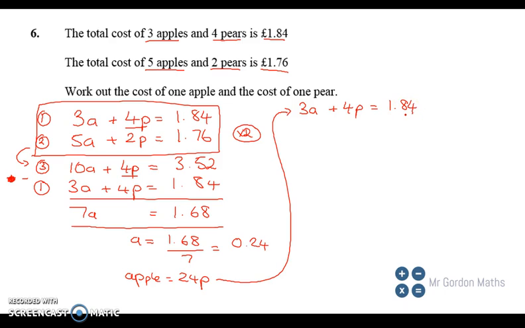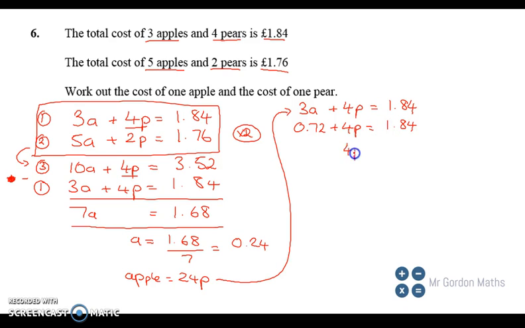It would be silly to do 3 times 24 because that would give me a large number of pounds. This is pence. So 3 times 0.24 is what I'm really doing, and that's going to give me 0.72, so 72 pence plus 4 pears equals £1.84.